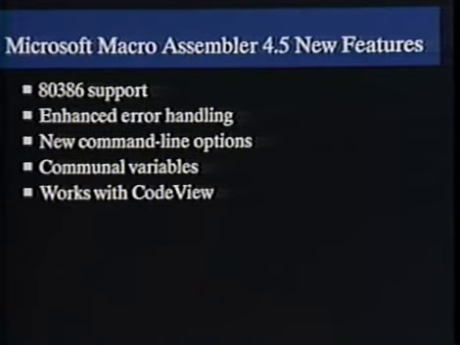It has now some support for the 386, so it recognizes the 386 instructions. There is some better, or more enhanced, error handling in there. There are some new error messages that you get. There are a few minor command line options, some new ones, one of them being that you can now set warning levels.